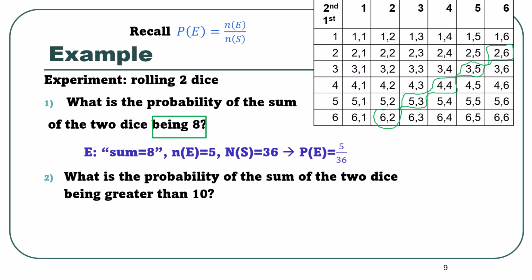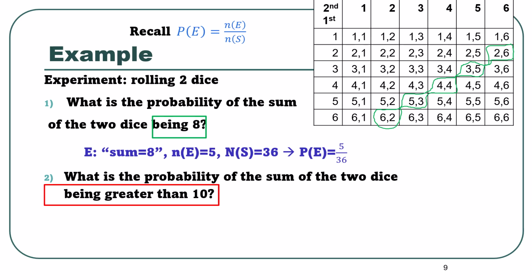The second one: what is the probability of the sum of the 2 dice being greater than 10? We are going to use the same idea here. We are still in equally likely events, and we want the probability of greater than 10. So how many of these 36 outcomes have a sum greater than 10?